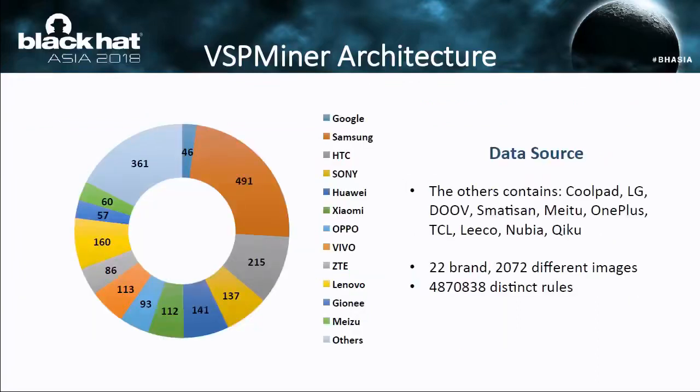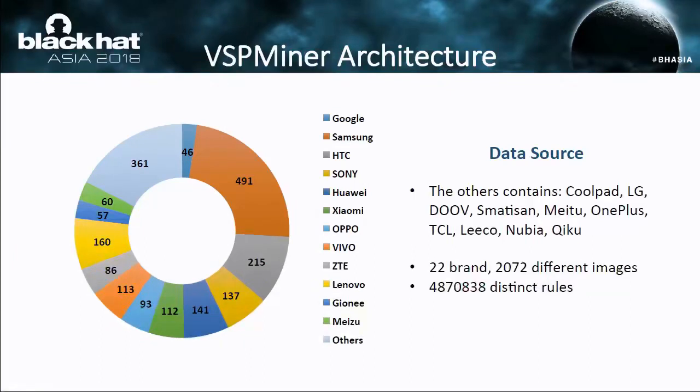After we collect large-scale data from the end users, we can filter out and keep only 22 mainstream brands, and also you can see the others contain several other brands. And finally, we can get 22 brands and more than 2,000 different images.